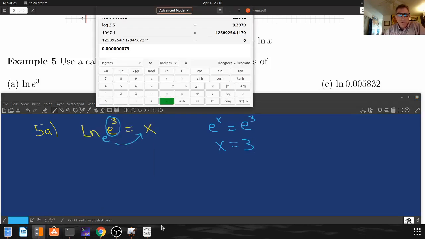And there's absolutely no reason to use the calculator. But if you want to experiment around with the calculator, you have to find your constant e. Right here it says it's Euler's number. And now we're going to take the natural log of e raised to the third power, and it's going to give us 1. That's not right.